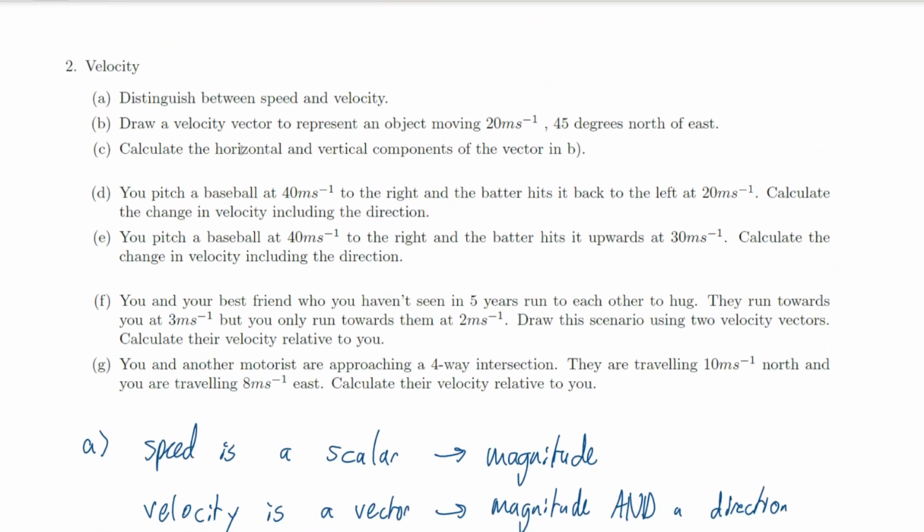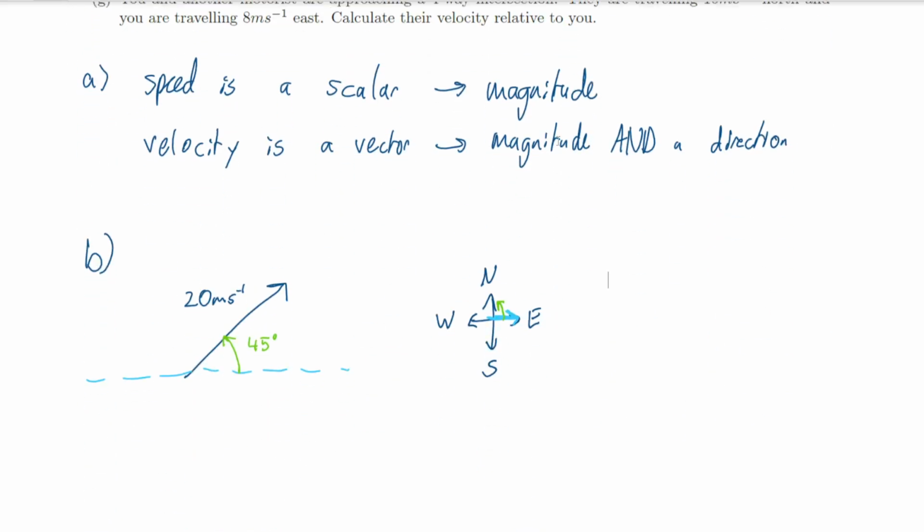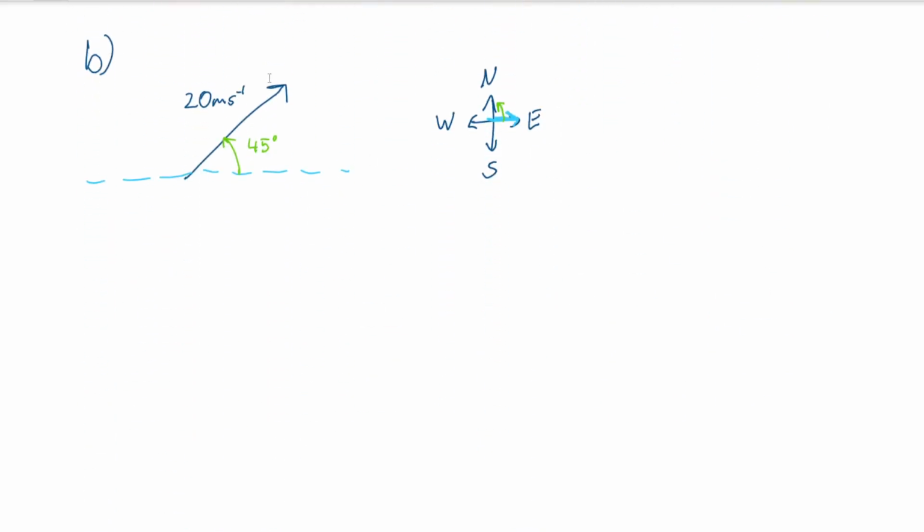Next question is calculate the horizontal and vertical components of the vector in part B. So looking at our vector diagram, the dashed blue line is the horizontal direction, and this dashed black line is the vertical direction.